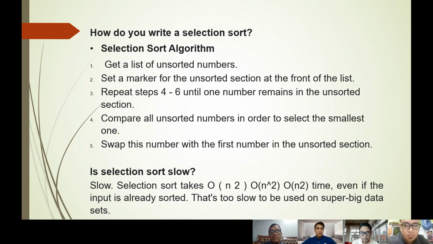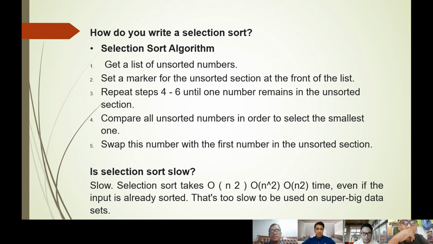How do you write a selection sort? Selection sort algorithm. First, get a list of unsorted numbers. Second, set a marker for the unsorted section at the front of the list.